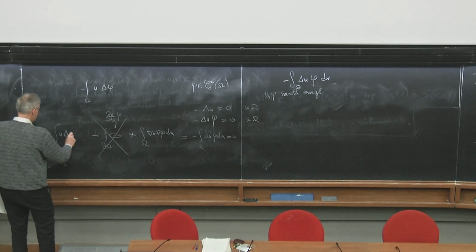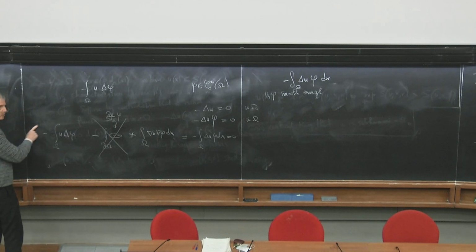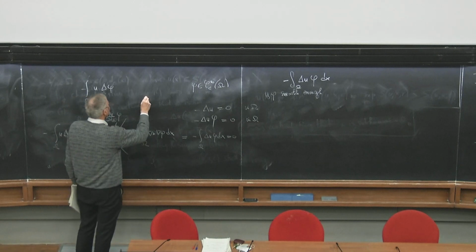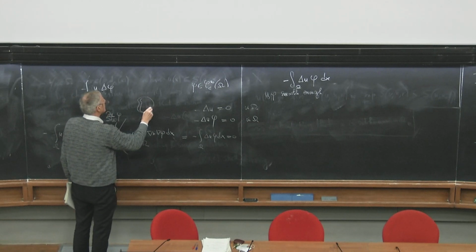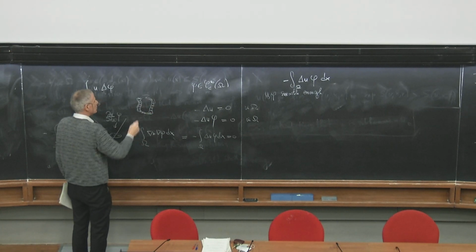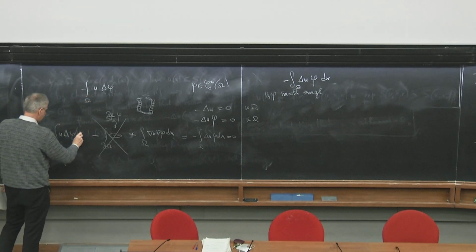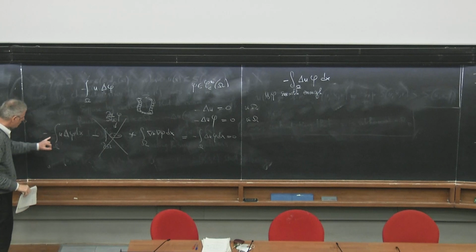And so magically, I don't have any kind of boundary condition, again for the same reason, because now my function phi is identically 0 in a neighborhood. So it is 0, with gradient identically 0 on the boundary, so there is nothing on the boundary, and so I end up with this.